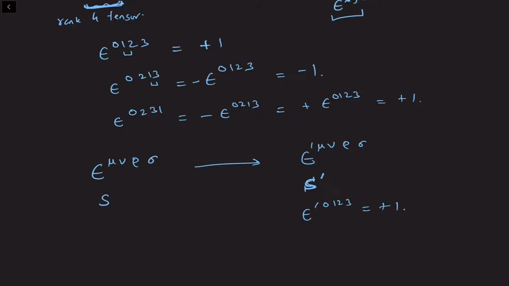Such a tensor, where all the components stay the same no matter which frame you calculate it in, is called an invariant tensor. That is, the components do not change from one reference frame to another.